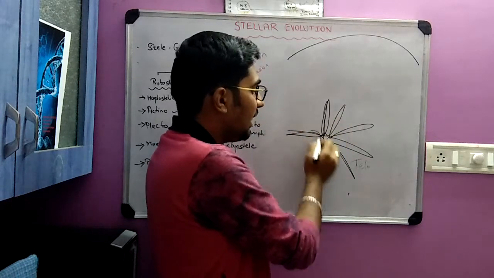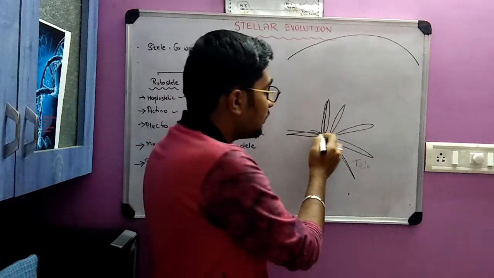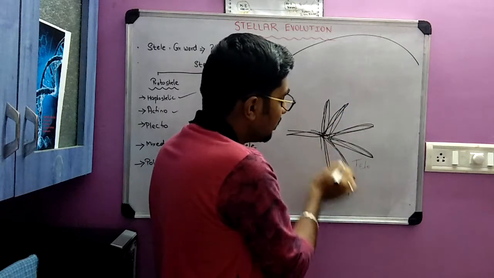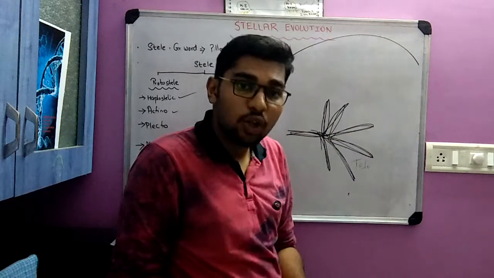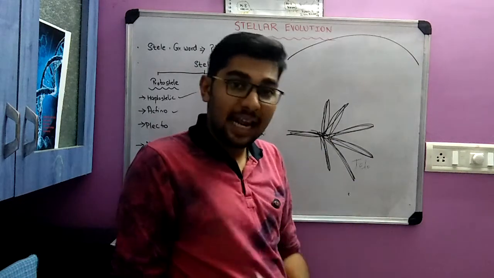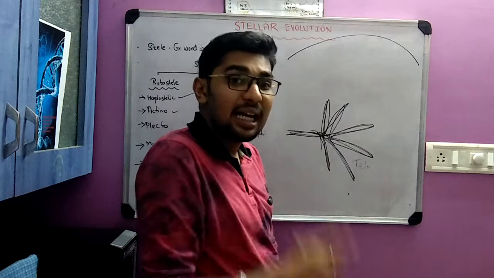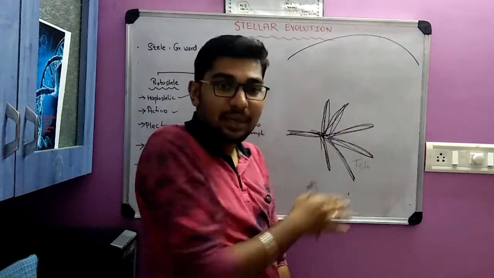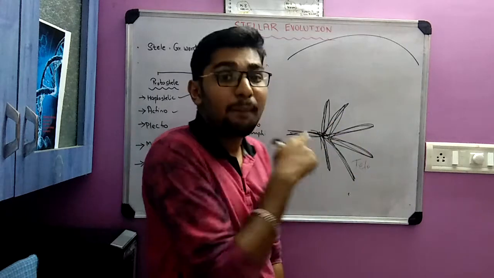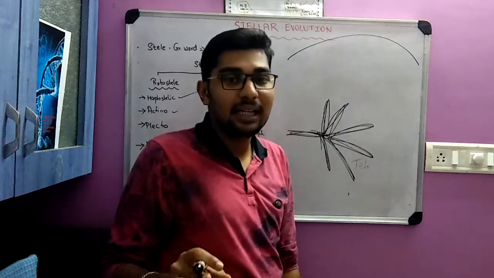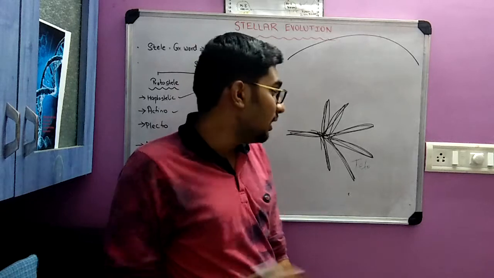In the stele the xylem appears like this, like radiating arms. They are deeply furrowed or branched to form radiating arms. They appear star-like, also called stellate. So star-shaped or stellate xylem is called actinostele.